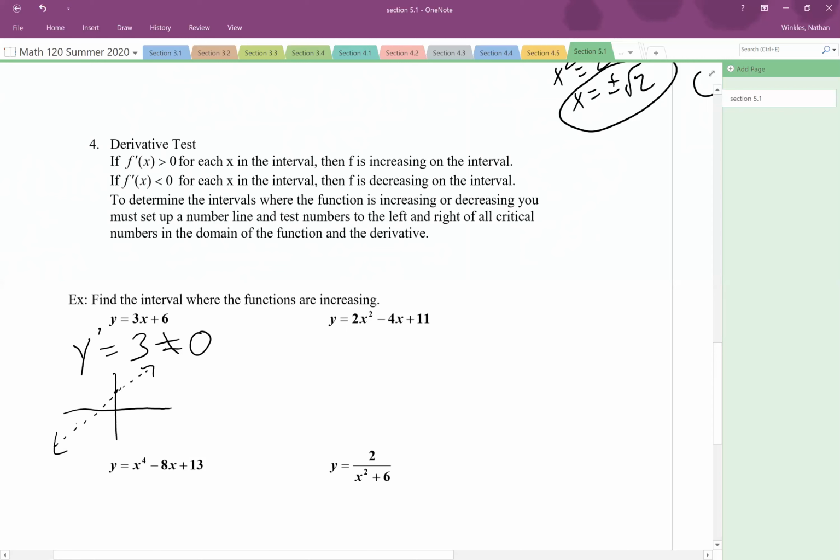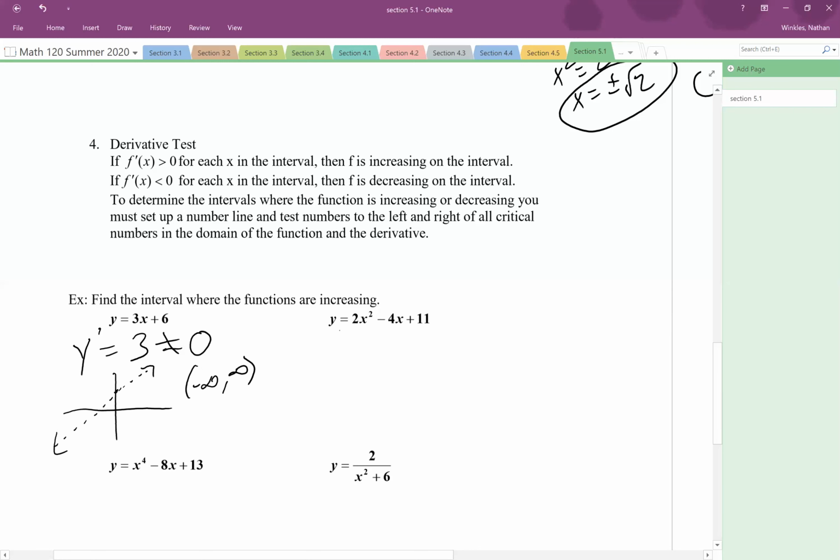Sometimes finding the derivative does not tell us enough information, so we need to look back at the original function to be able to see what's going on. So 3x plus 6 looks like this. Well, that looks like an increasing function, so it's increasing from negative infinity to infinity based off of the graph. Sometimes we have to look back at this.